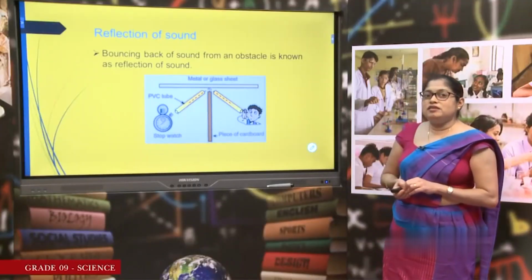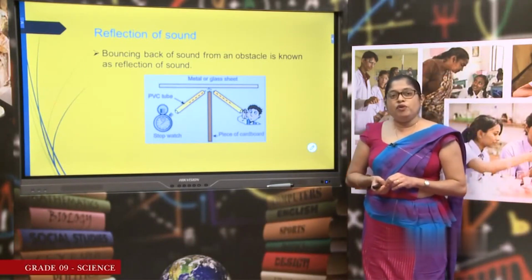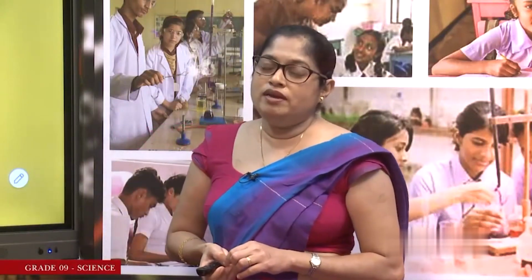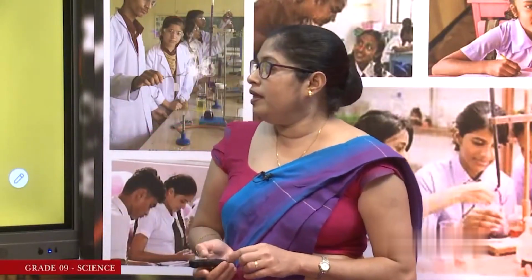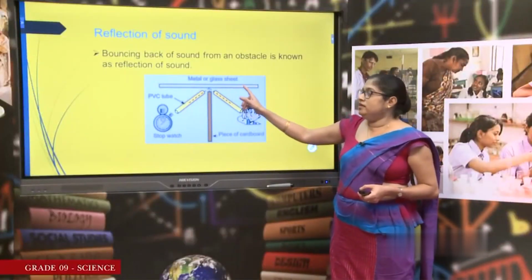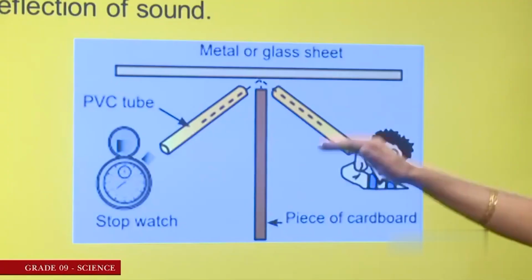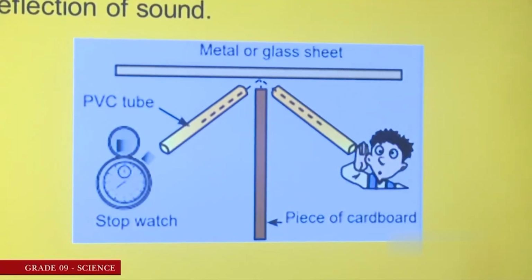To explain this, I will show you another video. Before we go to the video, I will explain what is happening in the video. Here you can see a metal sheet kept on a tabletop perpendicular to it.